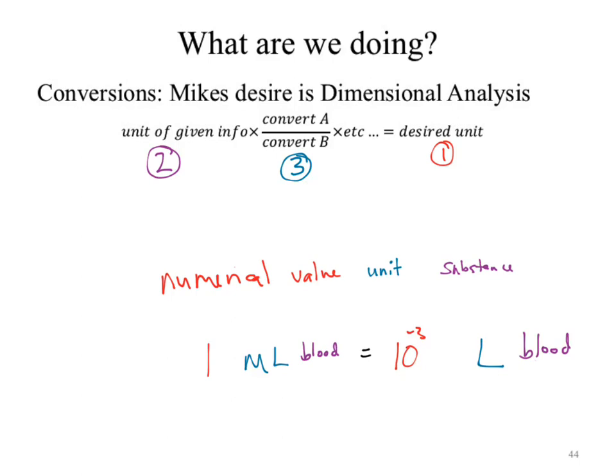Both of those would just be weird. So that's what our scientific system is trying to do. Take these numerical values, the unit system, and the substances, and come up with ways to do those conversions. You're responsible for knowing some of those conversions, like the milliliters to liters.